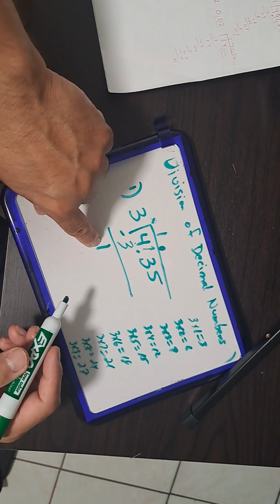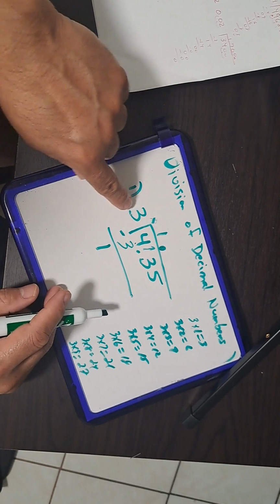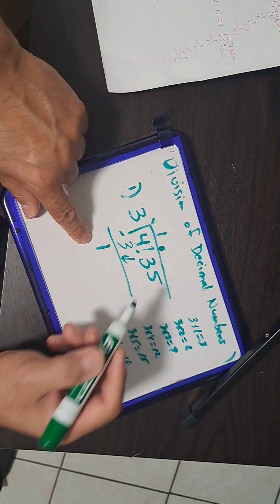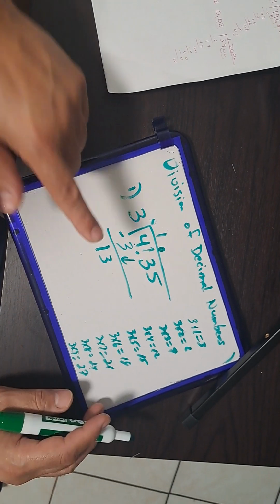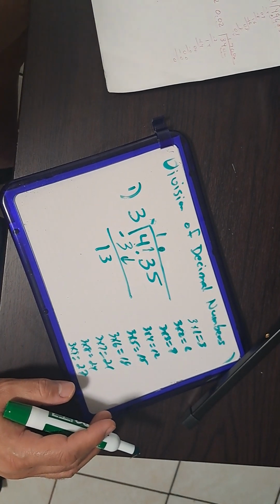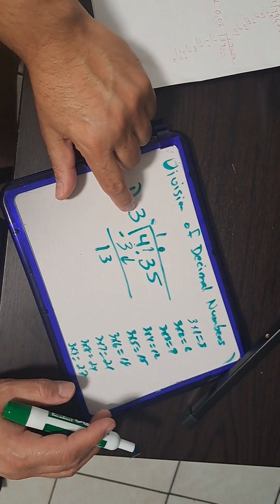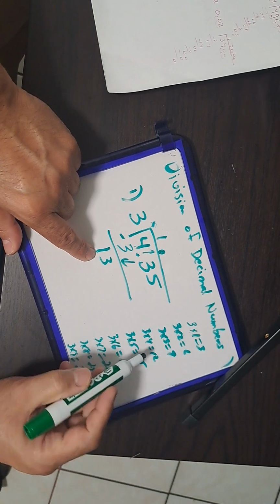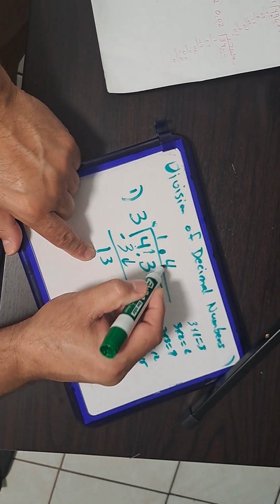Double checking that after the subtraction, that number is smaller than the other one, the divisor, right? Why? Because I'm pulling down the other number, which is the next step. Now I have 13. So how many times can I fit 3 into 13? I double check. It's 4 times.